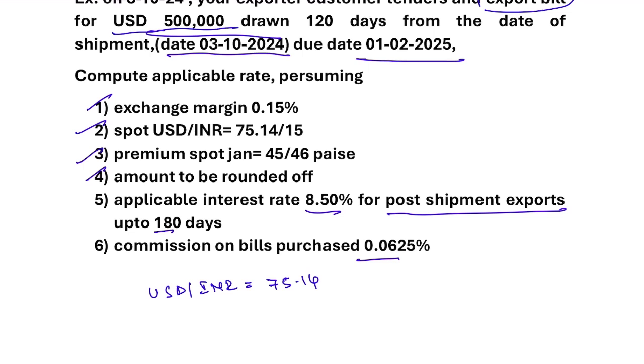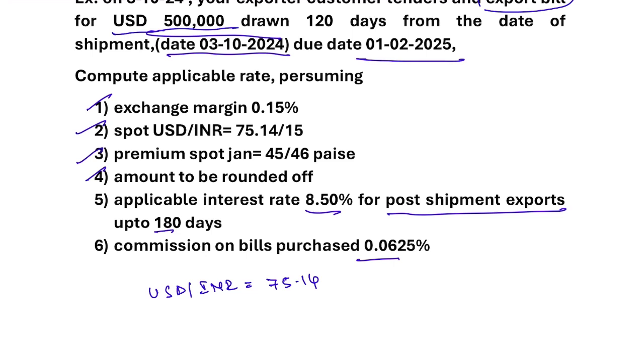In our earlier problems, there he has mentioned import bill. Import bill means what? Customer is having INR, he wants foreign currency. But here the customer is having US dollars, he wants INR. So whenever there is a purchasing, the bank considers the buying rate. US to INR, this is the spot rate.